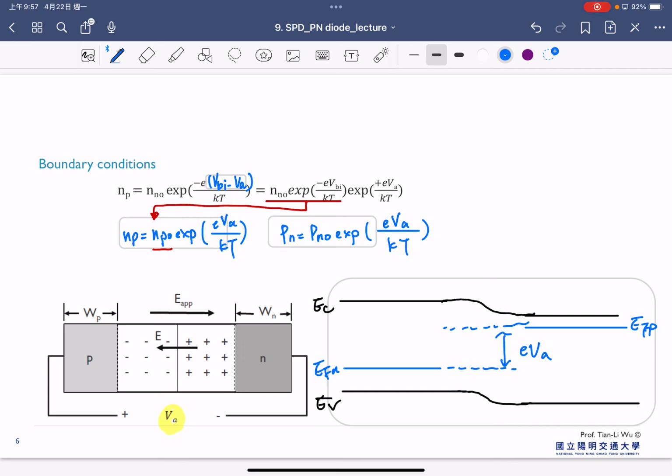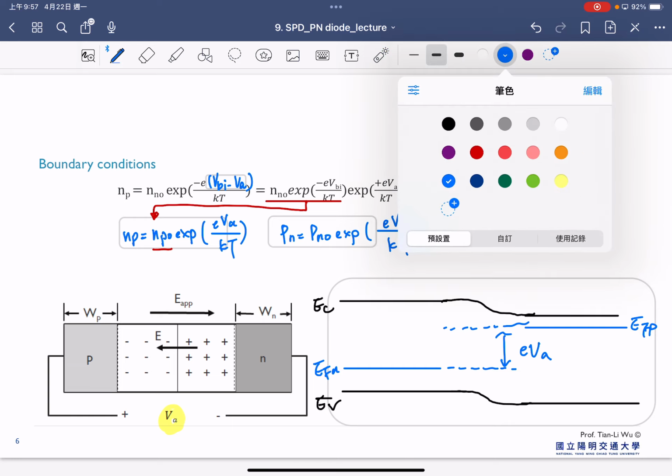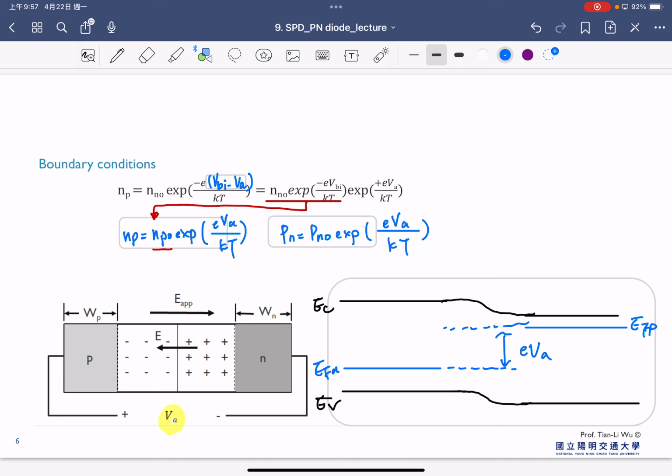Since there's a voltage difference here, this gap becomes EVBI minus EVA.